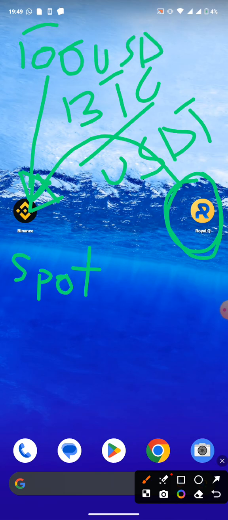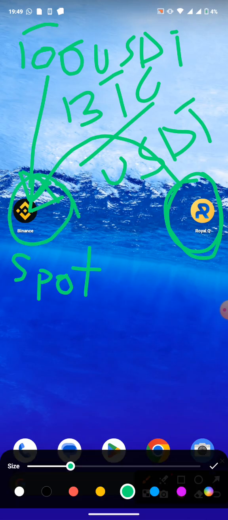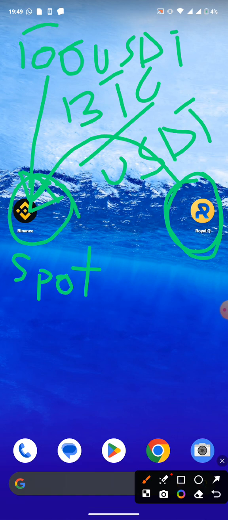You never had BTC. But since you're trading BTC/USDT, you will find that now in your Binance account you have BTC.